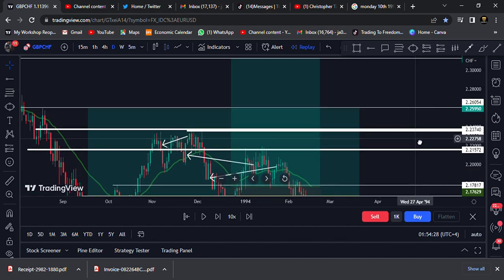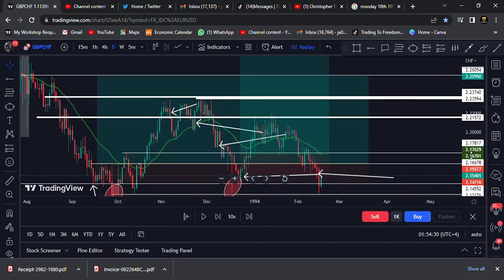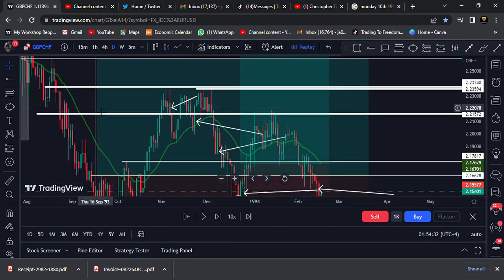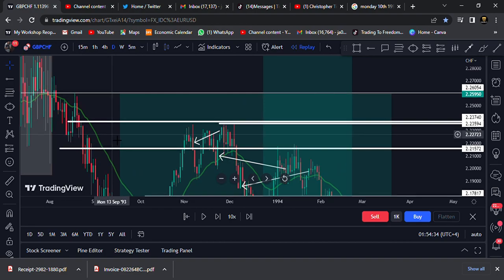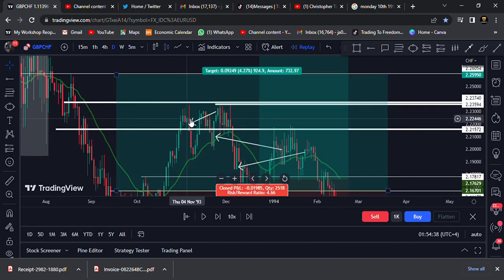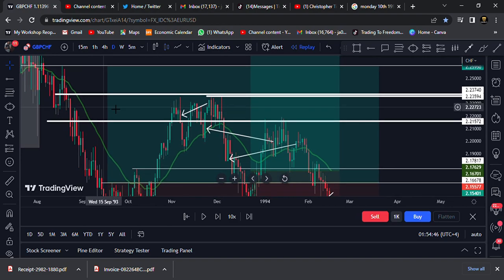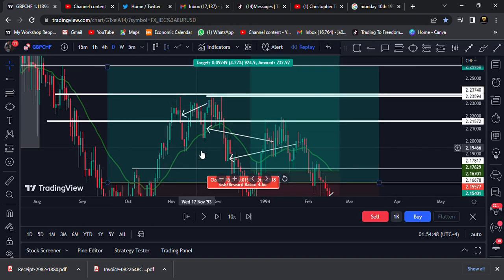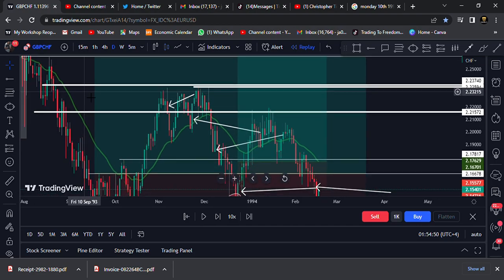So this is what greediness taught me here, because since I believed that the market was going to reach this level, I didn't look at this other level here. So I didn't look at the first level here. The market actually reached that level, came back, but I got out because I saw this signal, as I told you guys.